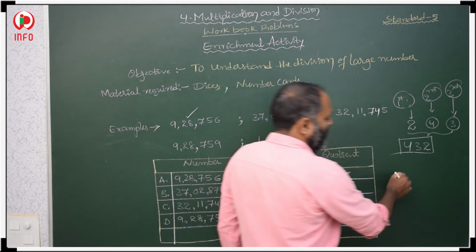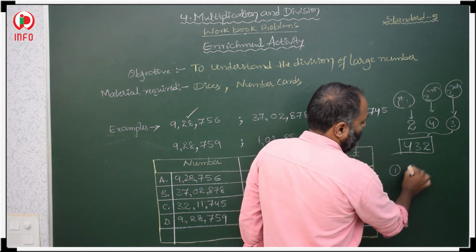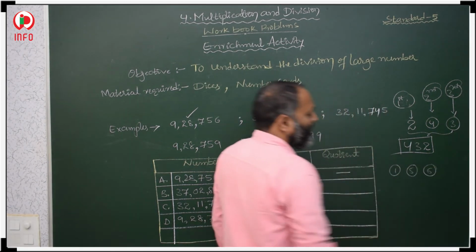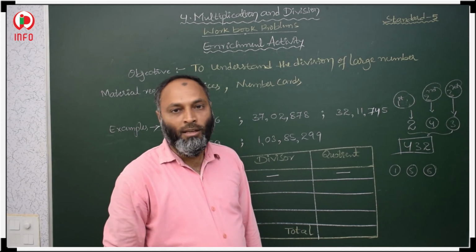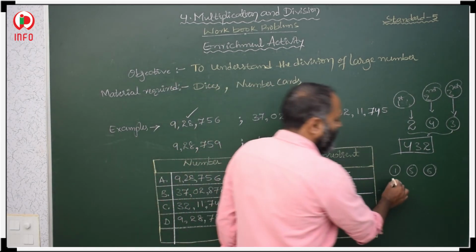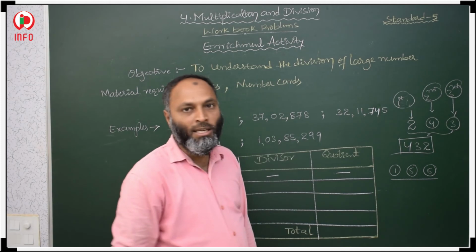If the first student gets 1, the second gets 5, and the third gets 6, like this, 1, 5, 6, then first we form the biggest number using these digits.